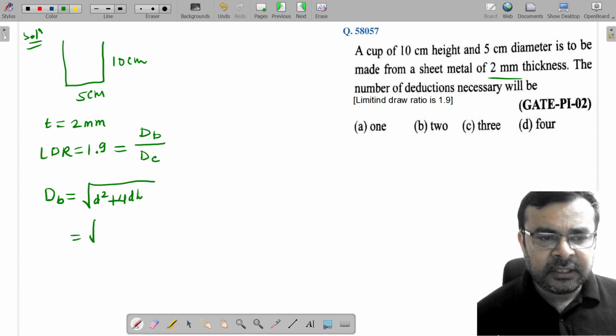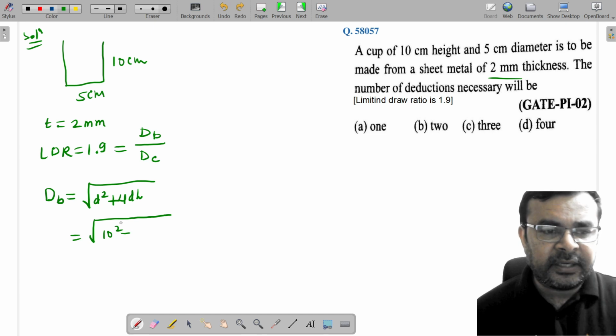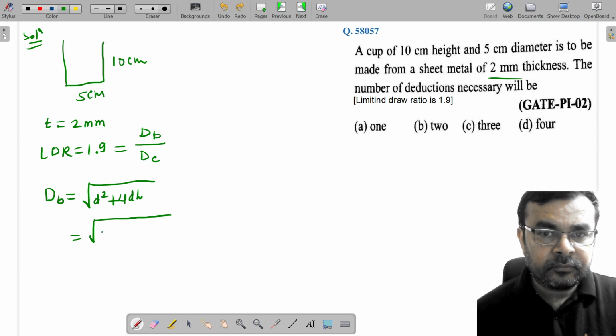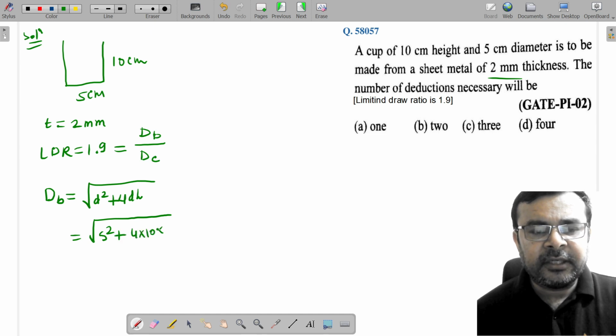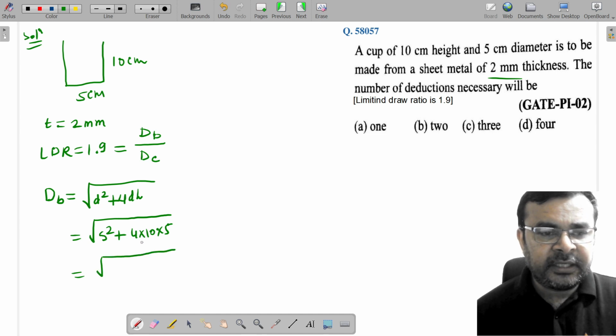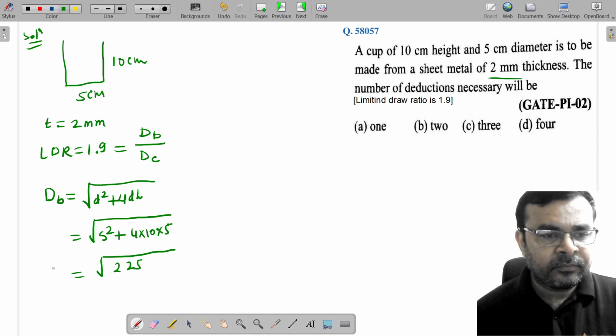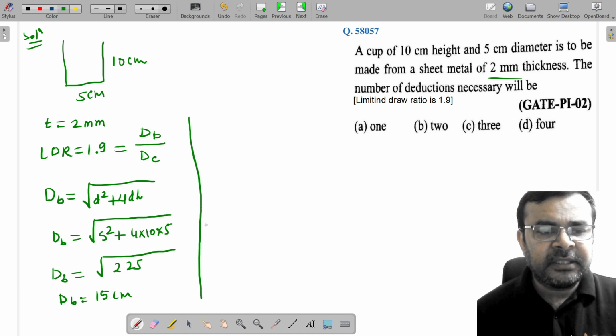D squared is nothing but, sorry, not 10, this is 5 centimeter diameter. So 5 squared plus 4 into 10 into 5. From this we get 25 plus 40, that is 225 under the root. So the diameter of the blank is 15 centimeter. Yes or no? Here we get 15 centimeter.